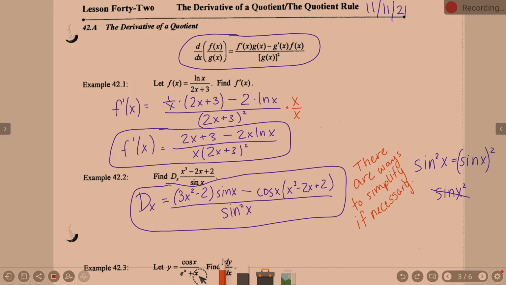Of course, on AP multiple choice, you need to be able to recognize that if you do a derivative and your answer doesn't match any of the choices, you start seeing what kind of things are equivalent. Okay, ready for the next one?